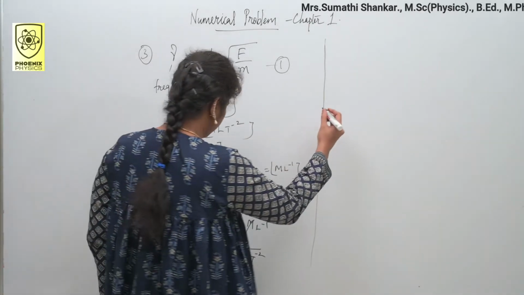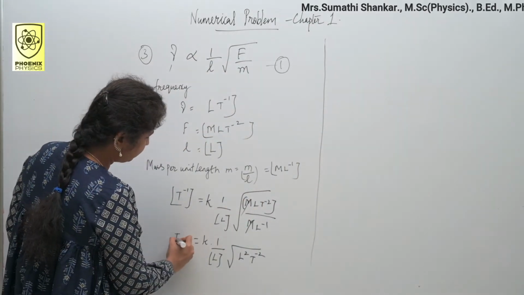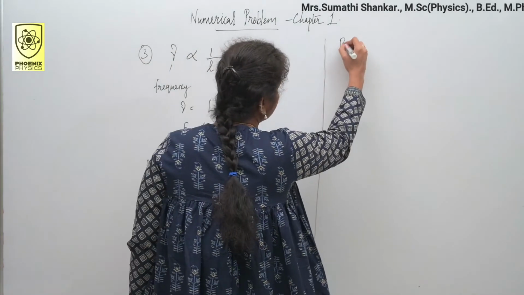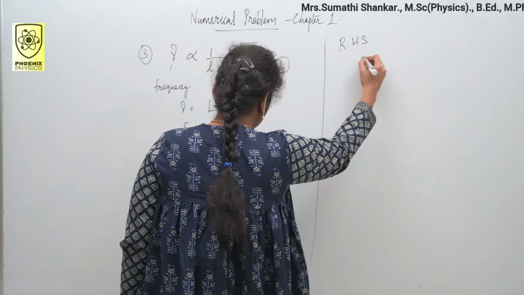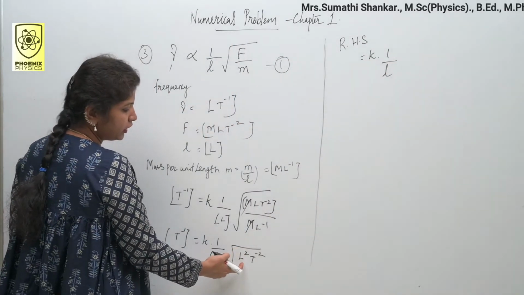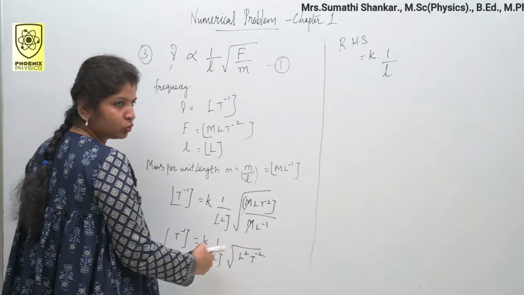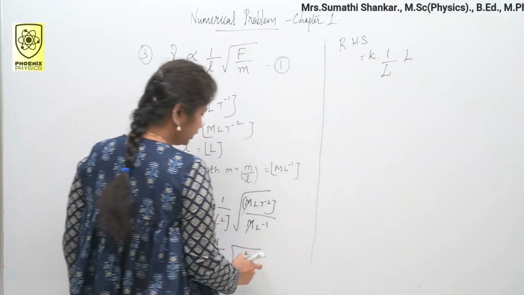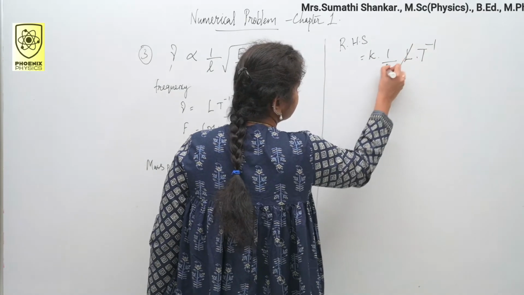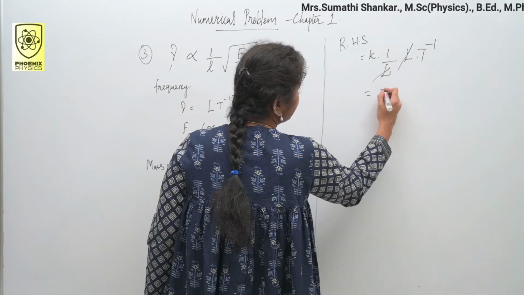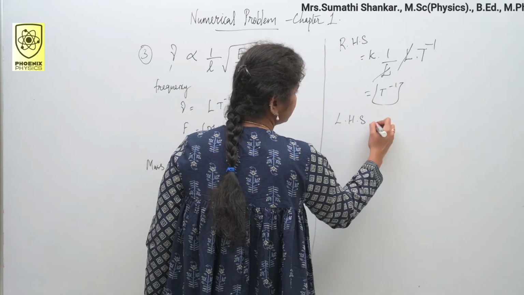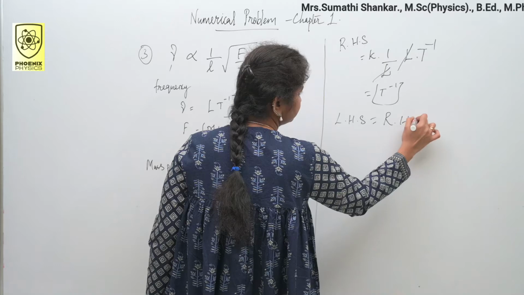Okay. So next step, here T power minus 1. Solve this right hand side, that is K into 1 by L, take L square T minus 2 outside, L T power minus 1. So cancel this L, your final answer is T power minus 1. So LHS is equal to RHS.